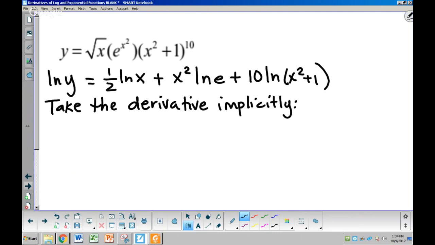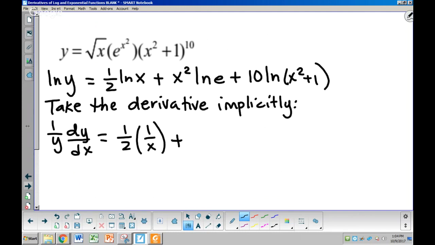Okay, so when we do that, we get on the left side 1 over y dy/dx, good, equals 1/2 times, what's the derivative of natural log? 1 over x, so this is 1/2 times 1 over x, plus natural log of e is just 1, so this goes to 1.